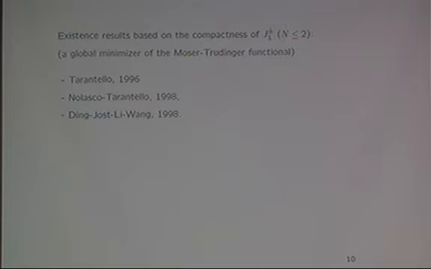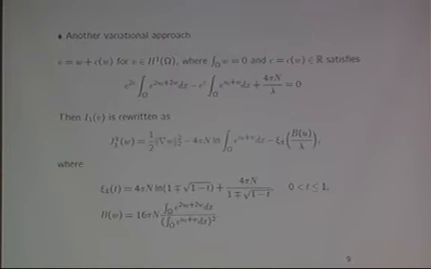Here the capital N is the sum of multiplicities. I mean, if there are at most 2 zero points, then they were able to obtain periodic solutions. In this case, if N is less than or equal to 2, then this Moser-Trudinger functional is bounded below.